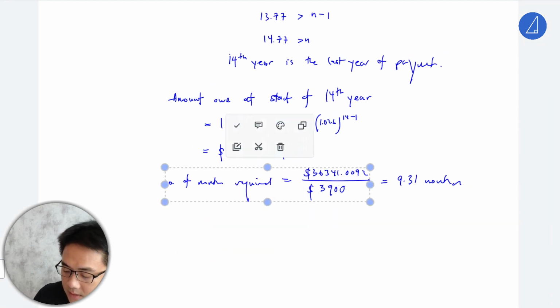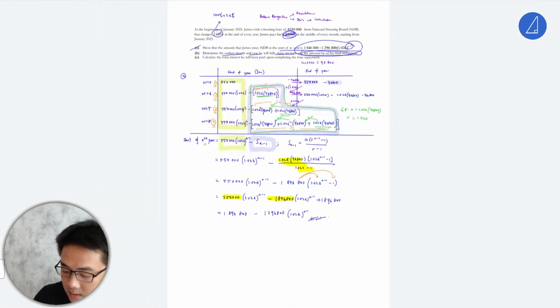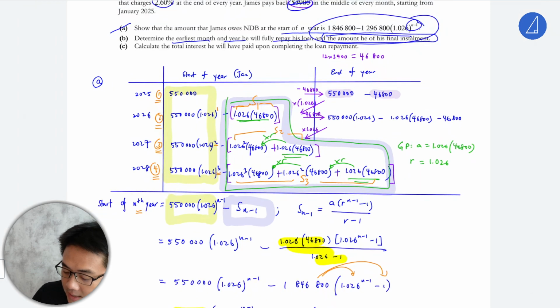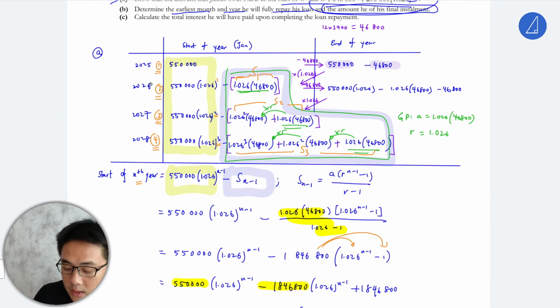The year. Firstly we settle the year first. When n is 1, it is 2025. When n is 2, it is 2026. You don't take 2025 plus 2, which gives 2027. Instead, 2025 plus 2 minus 1 gives you 2026.